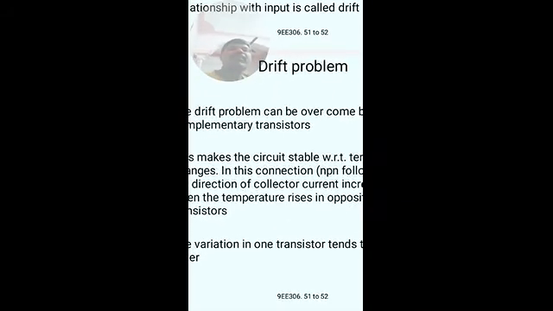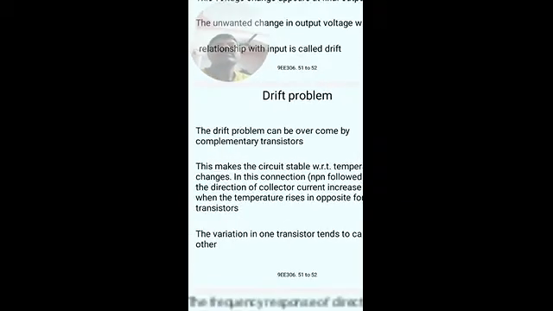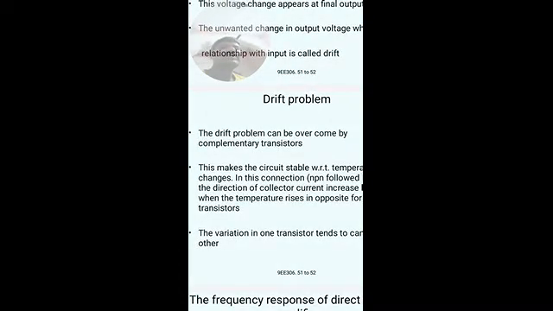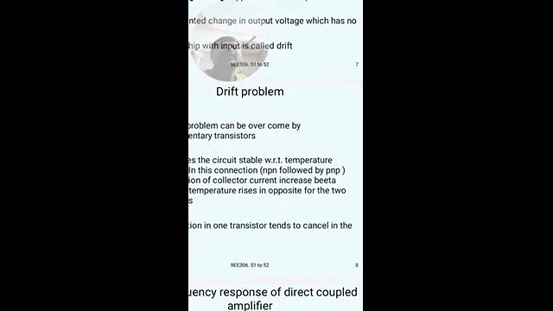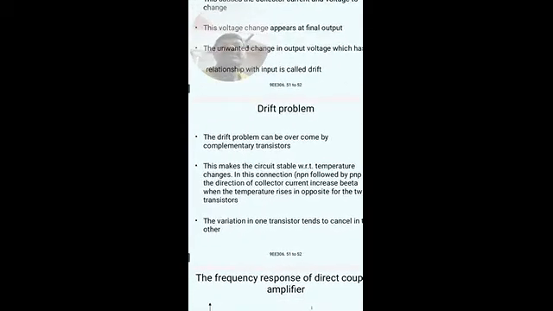This drift problem can be overcome by using complementary transistors in the multi-stage amplifier. Using these complementary transistors, we can avoid the drift problem in the direct coupled amplifier. It makes the circuit stable with respect to temperature changes.